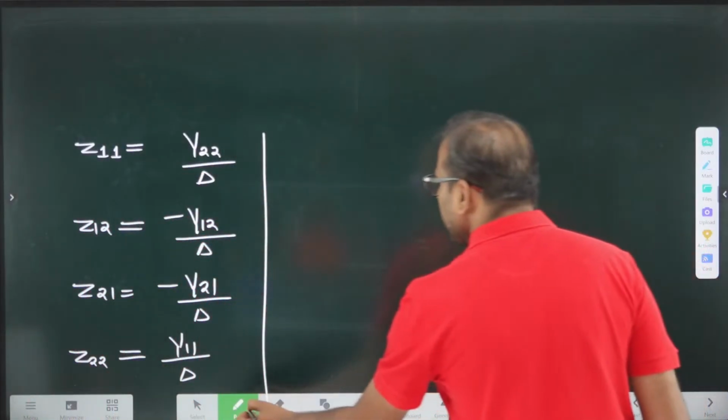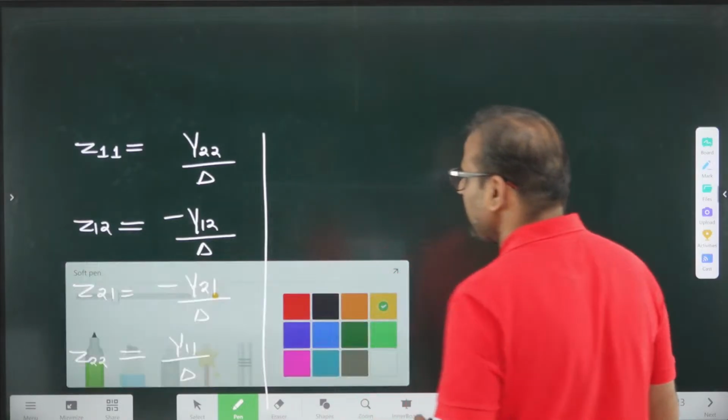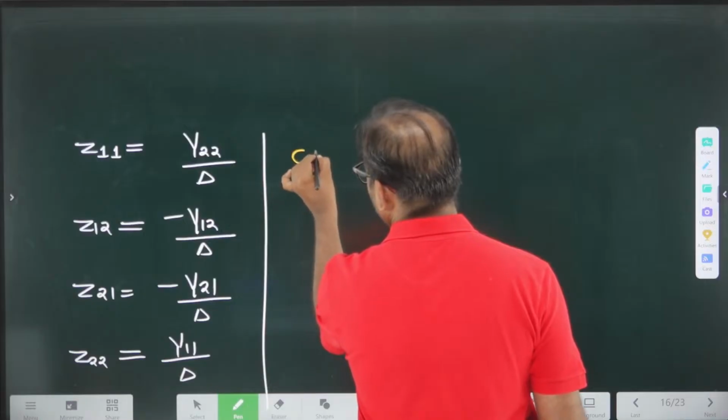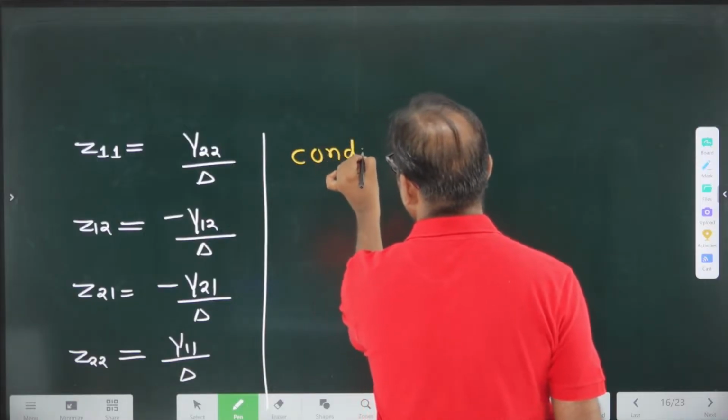So from here, without wasting time, we can write the condition for symmetrical and reciprocal network.